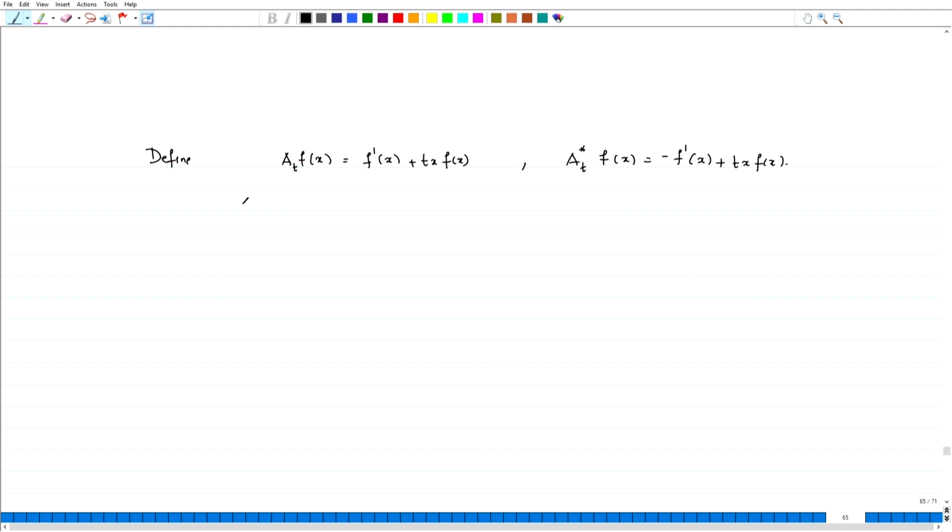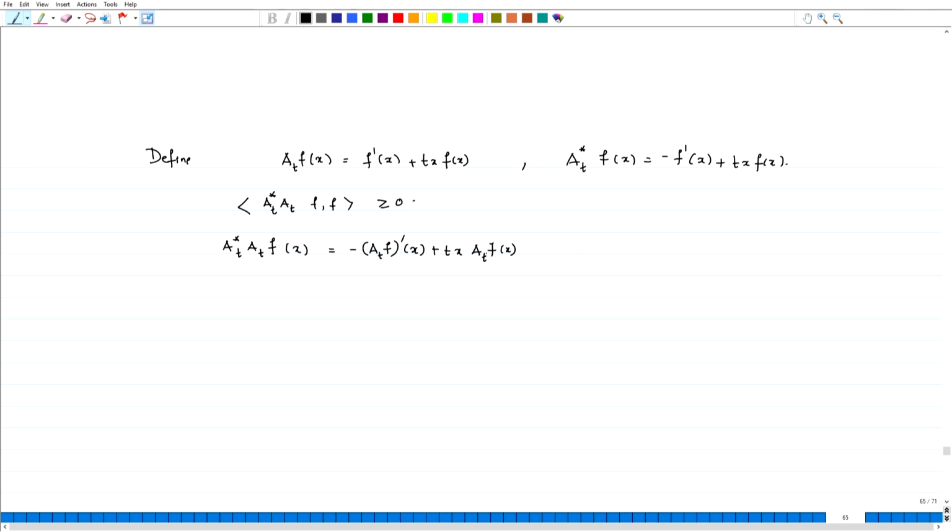Now, what we know is that A t star of A t of f comma f is greater or equal to 0, because this is nothing but the norm of A t of f. And A t star of A t of f at x, if we do a simple calculation, is equal to minus of A t of f prime at x plus t x A t of f.